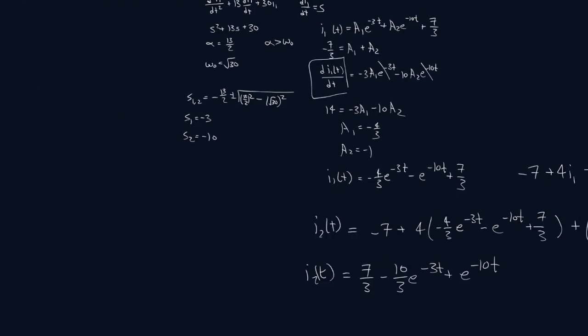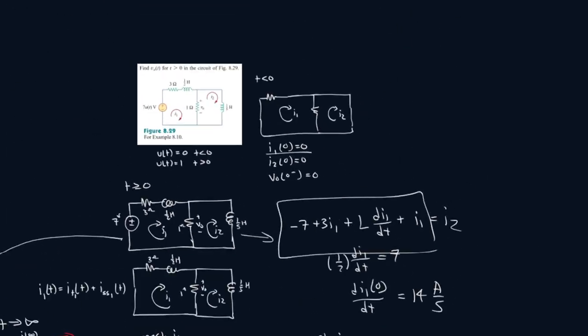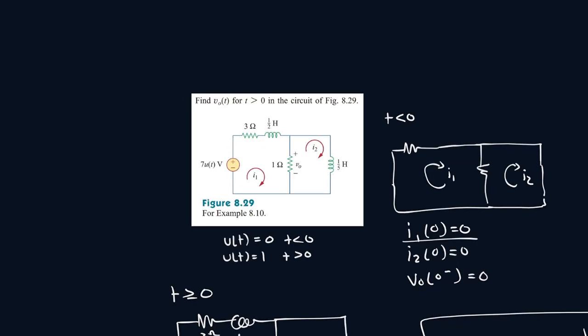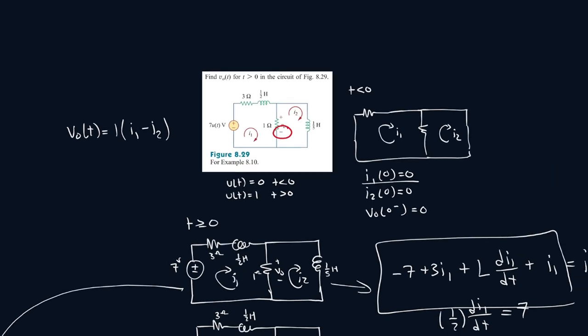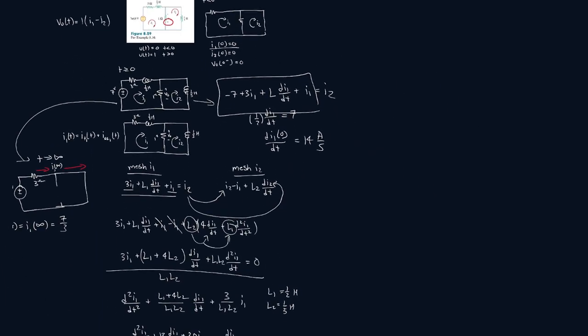Now, recall what we were actually trying to find is Vo(t). Vo(t) is equal to 1 ohm times I1 that's entering it minus I2. I1 is entering from the positive port and I2 is entering from the negative port, so we just have to subtract.